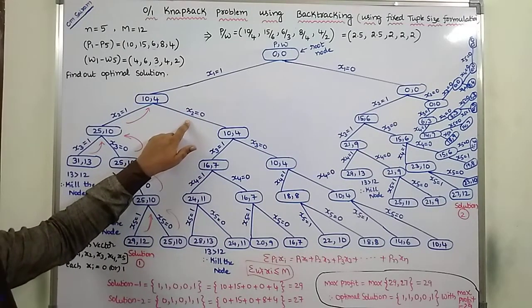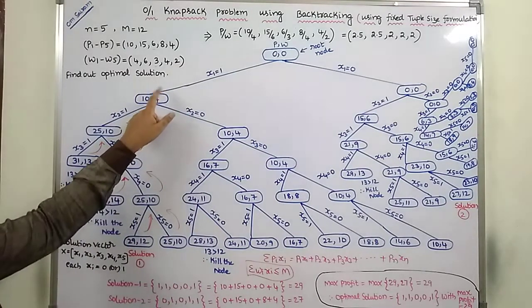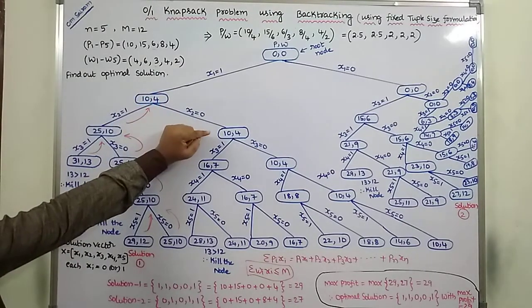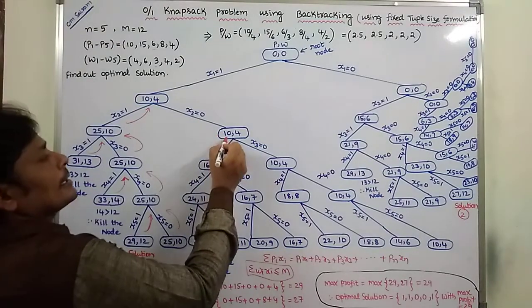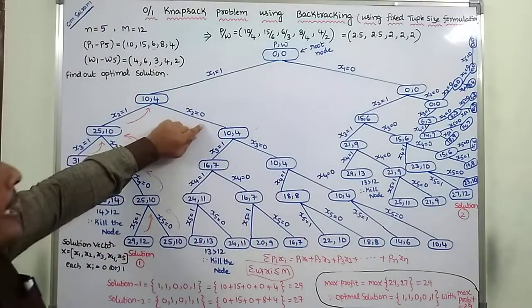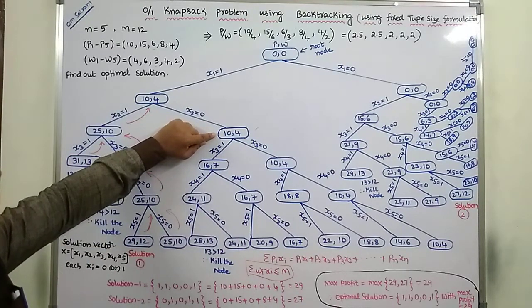Whenever the second object is not considered, whatever the p comma w values are there, the same values are written. So that is 10 comma 4. So after completing the second object, the p value is 10 and the w value is 4.